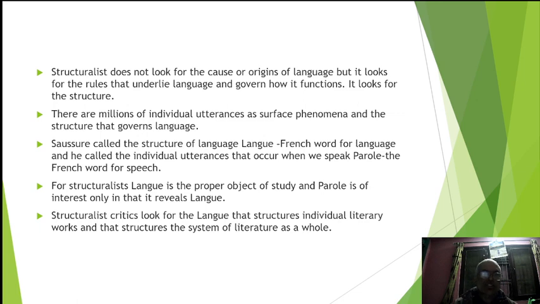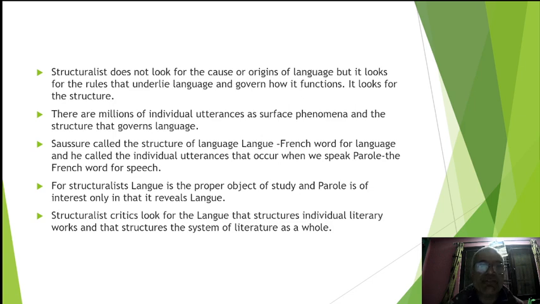A structuralist does not look for the cause of the origin of language, but for the rules that underlie language. It does not look at how a word came, where it came from, how it originated, but at how it functions. What is the rule of combination that underlies and governs how it functions? Structuralists always believe in the function of language. They look for the structure, how words are combined, how they are made functional, right? That is the structuralist search.